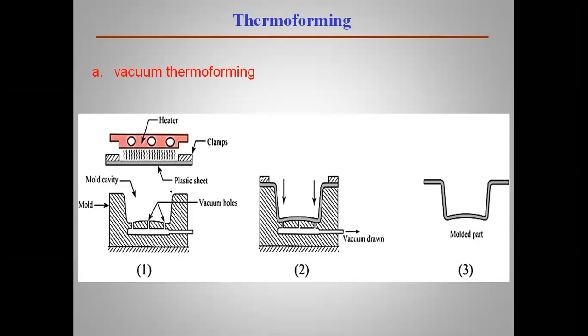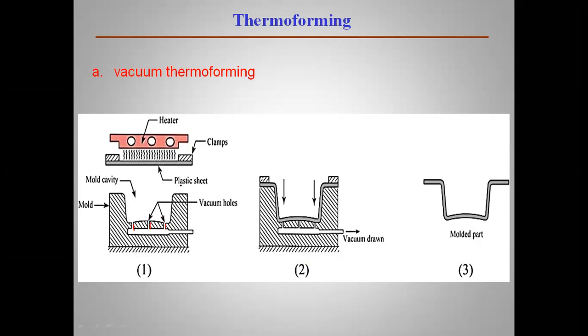Here you can see the schematic diagram, and you can see the vacuum holes. The holes for drawing the vacuum in the molds are around 0.8 mm in diameter, so their effect on the plastic surface is minor.